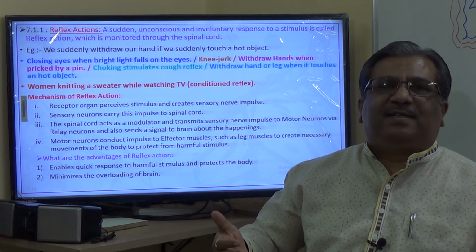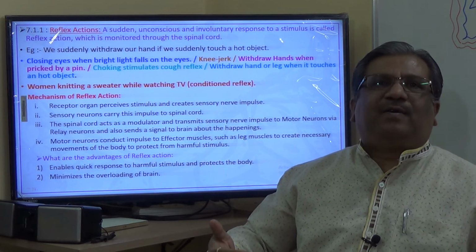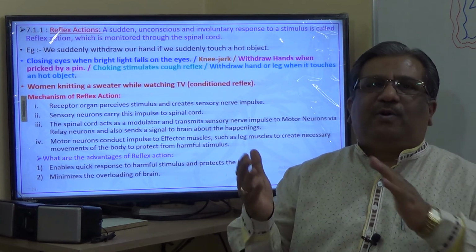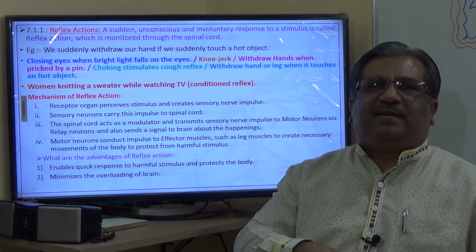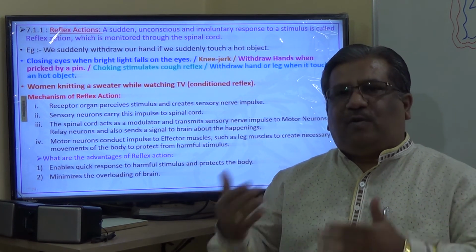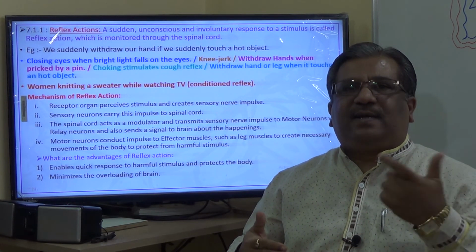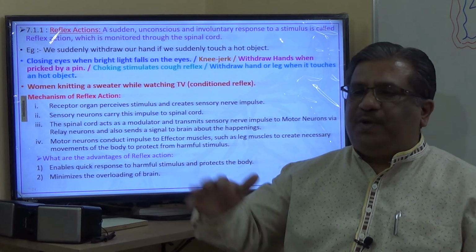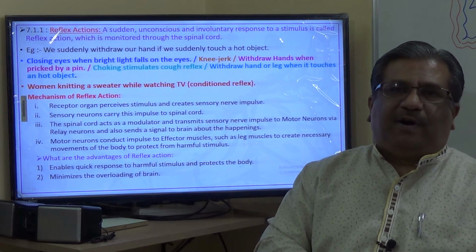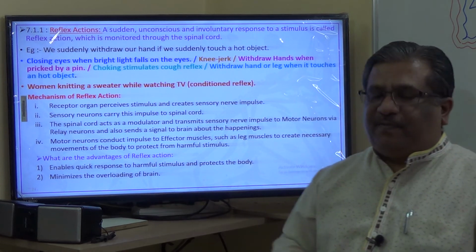What are effector muscles? Muscles attached to the skeletons of hands, legs are called effector muscles. So motor neurons carry information to the effectors. Effectors initiate the movements. Effectors cause the movements of the body parts as a response to the stimulus, which was a hot plate. So this is how the mechanism of reflex action takes place.